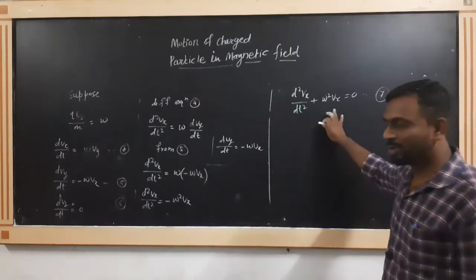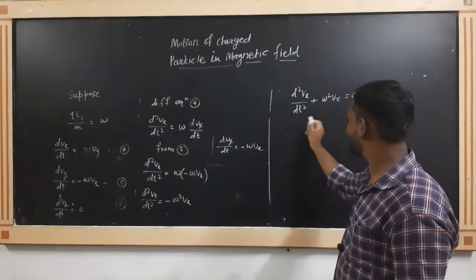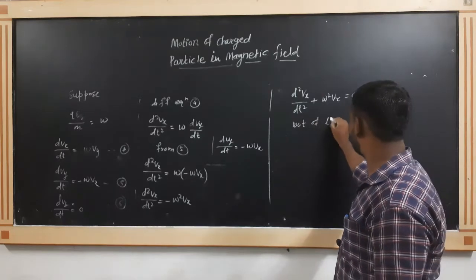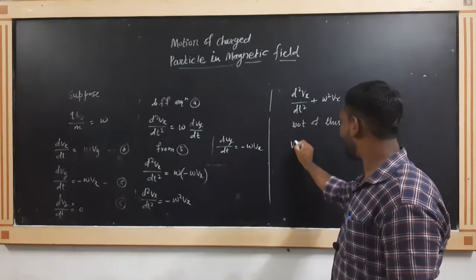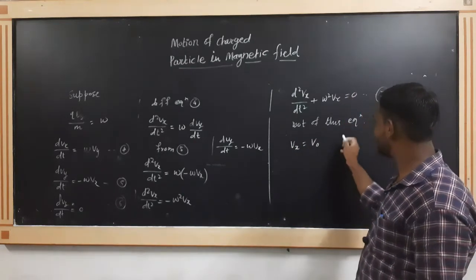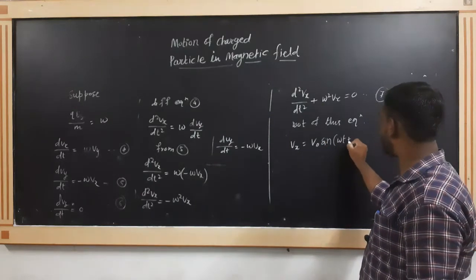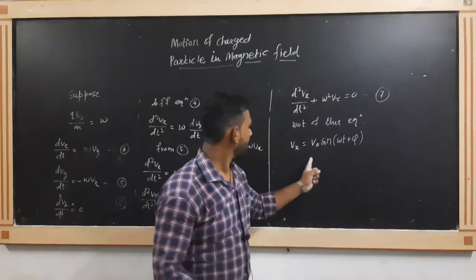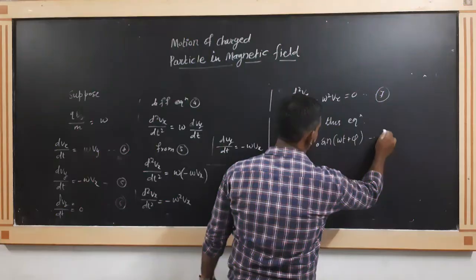And what is the solution of this equation? Yes, vx is equal to v0 sine of omega t plus phi. This is the solution for equation 7.